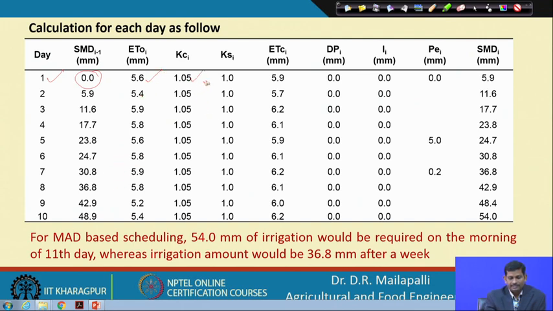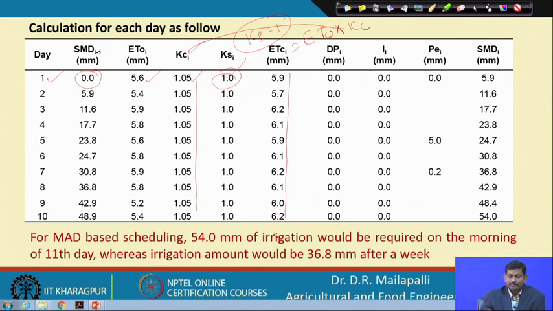Ks is 1 because there is no soil moisture stress, and Kc we got from the table. ET0 is given and multiplied by this Kc, and you get ETc.